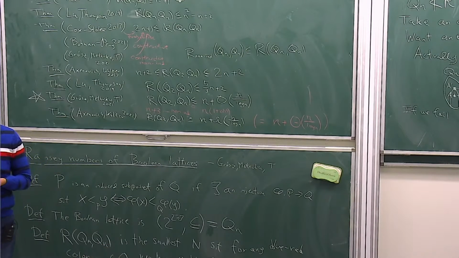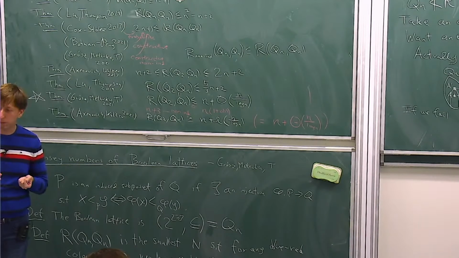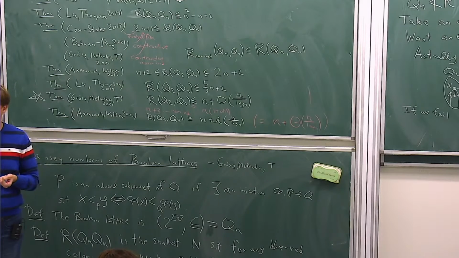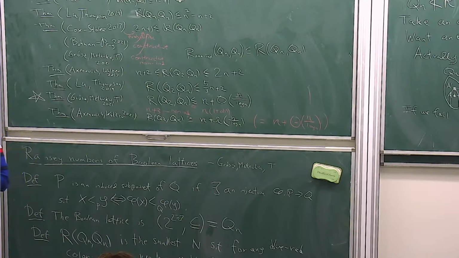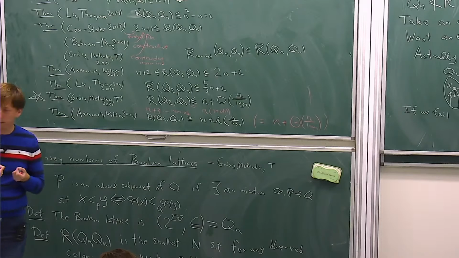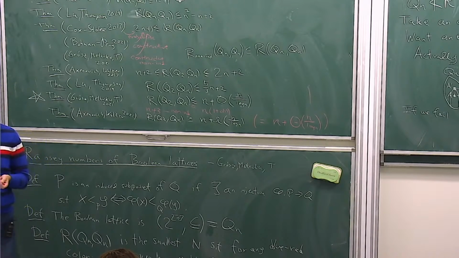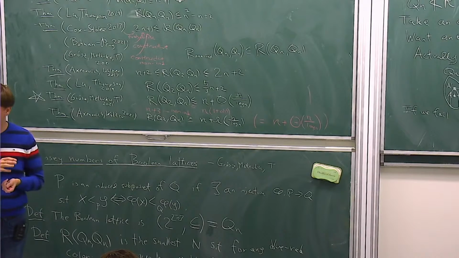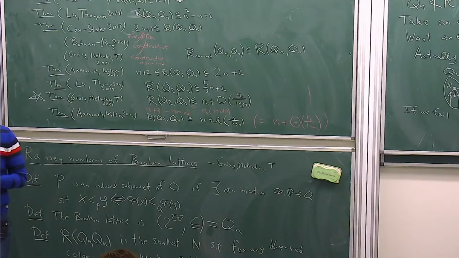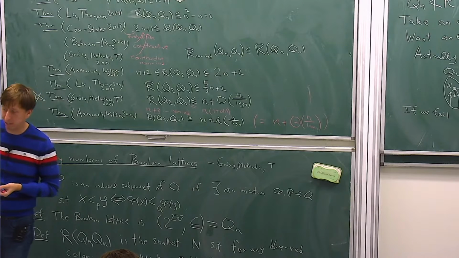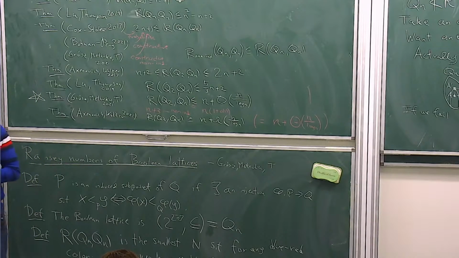But since we don't have a red Qn, for some set we're going to have to fail sometimes doing this, because otherwise we'll have a good embedding of all of Qn. And when we fail in this way to embed A, the result will be that we get a blue chain of length k plus 1. We can find it.